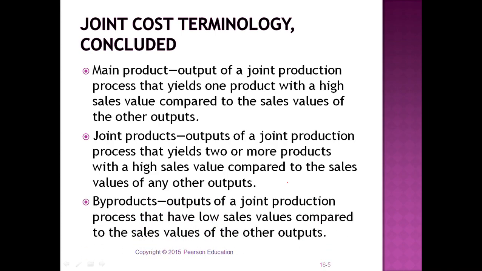And then what are byproducts? Byproducts are those products which have very low sales value, like I explained to you earlier. They may have very low sales value, or could even have zero sales value, or sometimes you can also define them as those products that you produced without any intention. You did not intend to produce them, but it was a result of your production process.